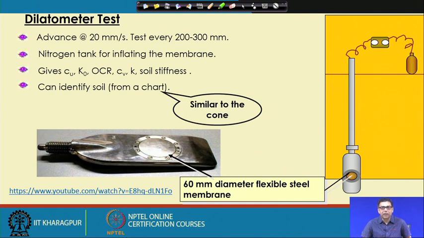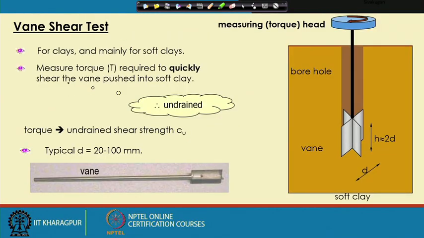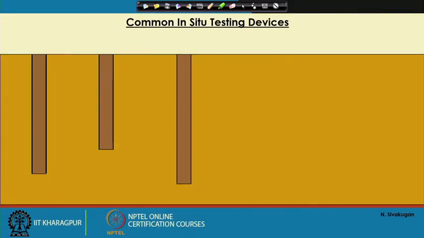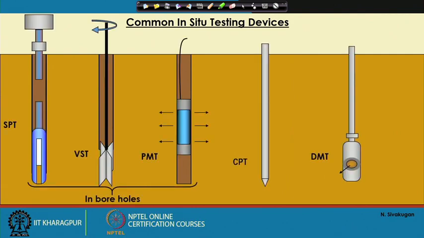This is similar to the pressure meter test, with a flexible membrane that is inflated with the help of nitrogen. The initial pressure and the pressure after expansion are recorded, and based on that we determine various soil properties like the K0 value, overconsolidation ratio, elastic modulus of the soil, and undrained cohesion of the soil.